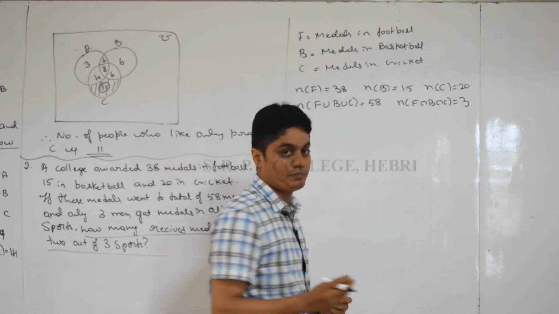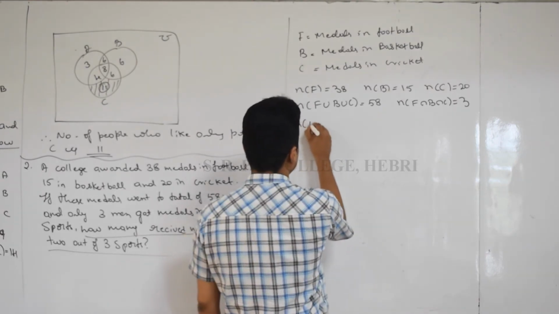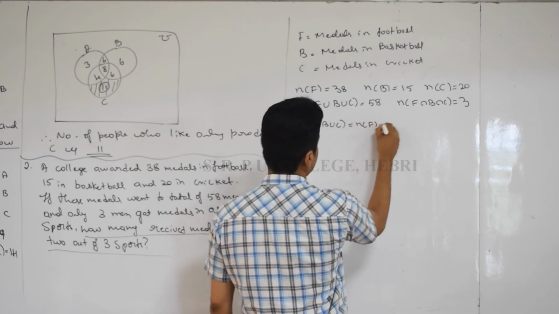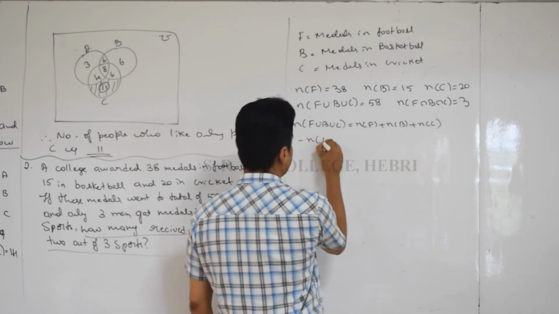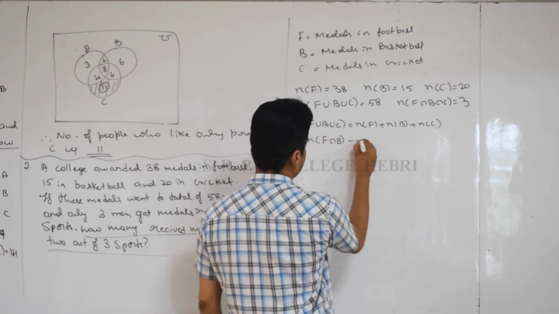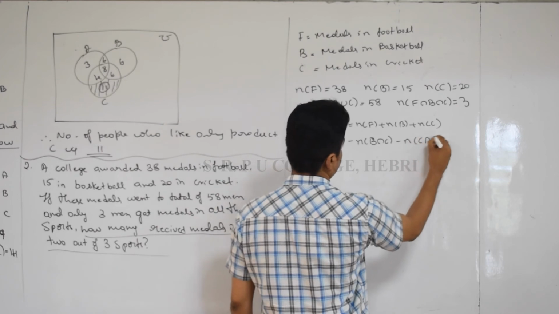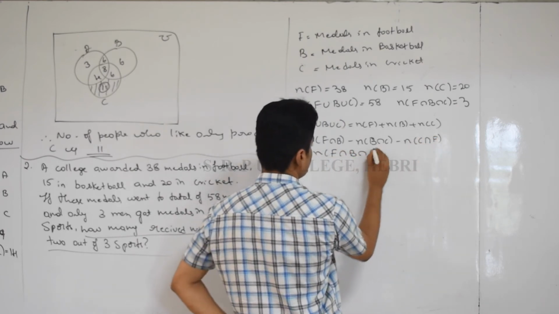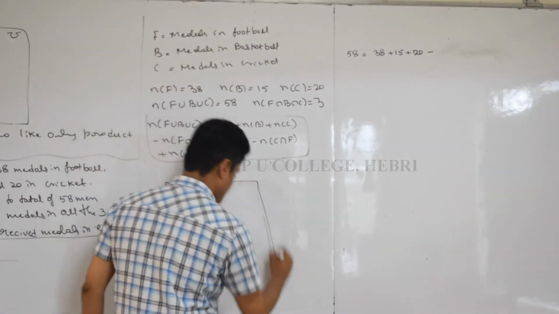Here, what is the difference? We need a Venn diagram and a formula. Which formula should we use? When there are 3 sets, F union B union C is equal to n of F plus n of B plus n of C minus n of F intersection B minus n of B intersection C minus n of C intersection F plus n of F intersection B intersection C. Write one Venn diagram for this formula.